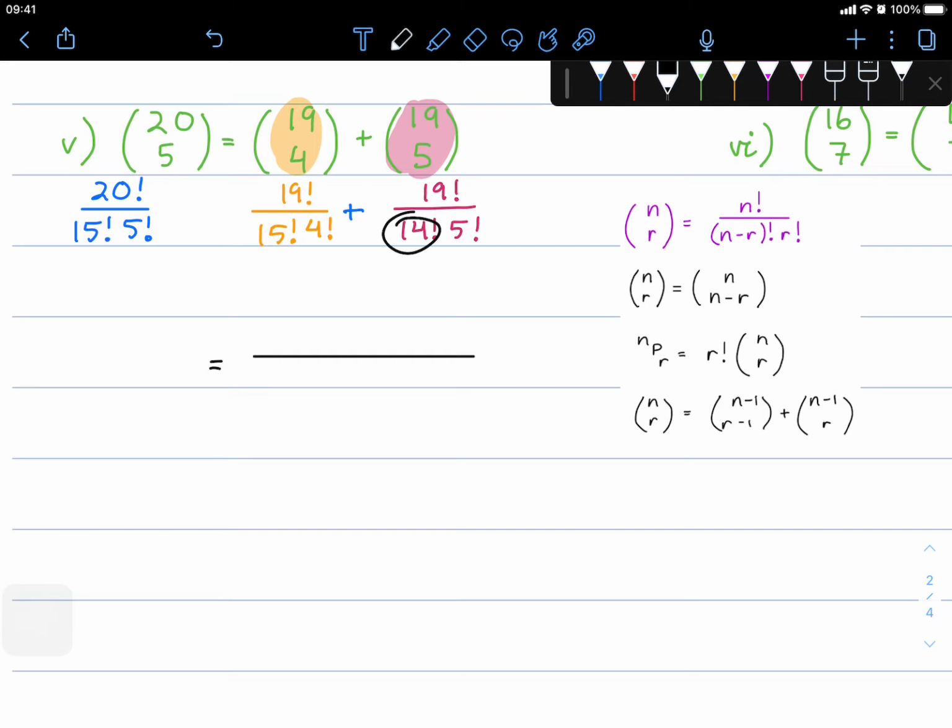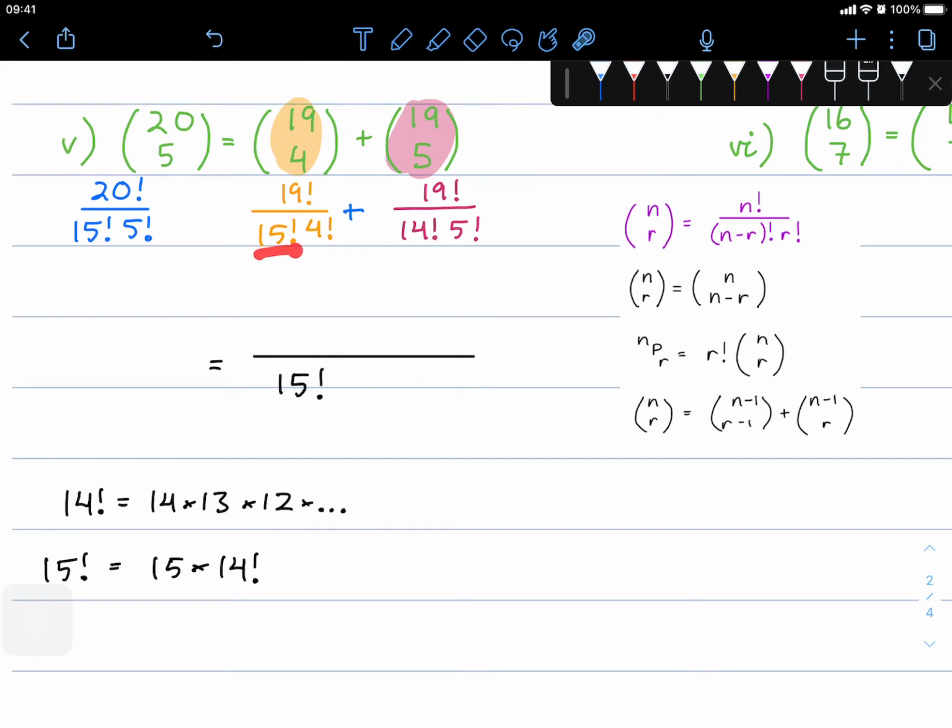So 14 factorial, if we write it out, is equal to 14 times 13 times 12, etc. 15 factorial, well, that's 15 times 14 factorial. So 15 factorial is a common multiple between these two. So it's going to be 15 factorial.